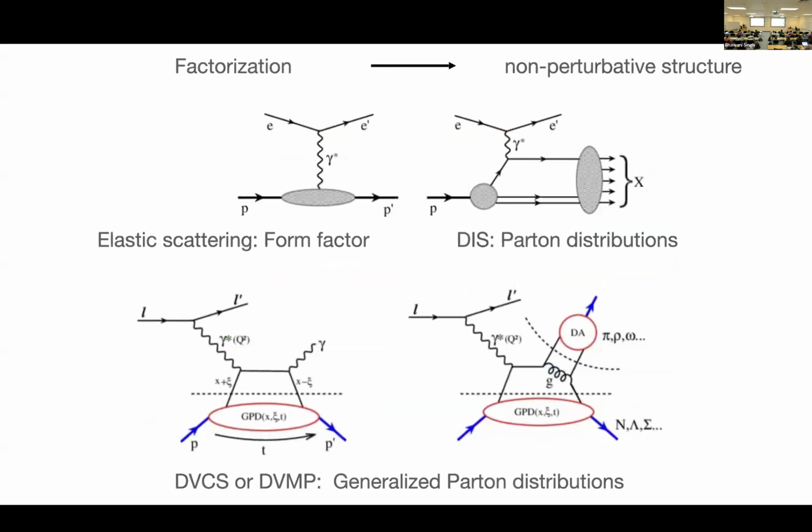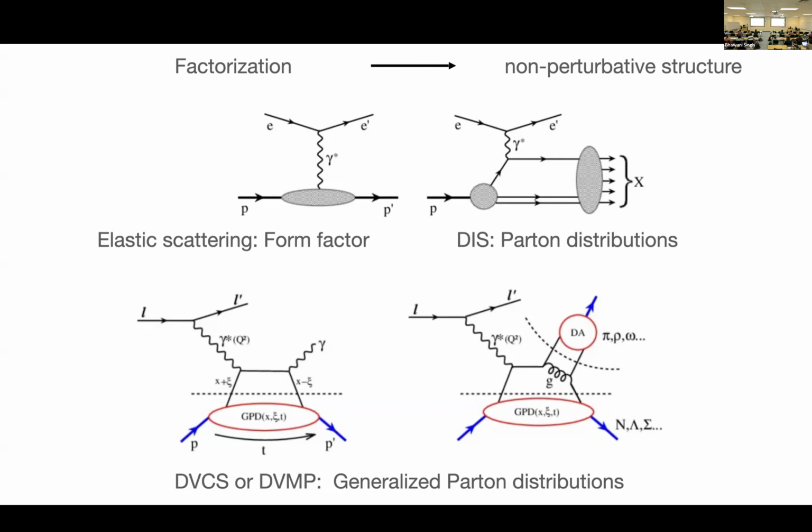Now, what allows us to separate the high energy scattering experiments into something that is low energy, which you have to compute non-perturbatively from the underlying theory, are the so-called factorization theorems. For example, when you look at an elastic scattering of the proton, you have an interaction of an energetic photon with the proton, and you can factorize the interaction of the quark with the photon from the interaction of the photon with the proton.